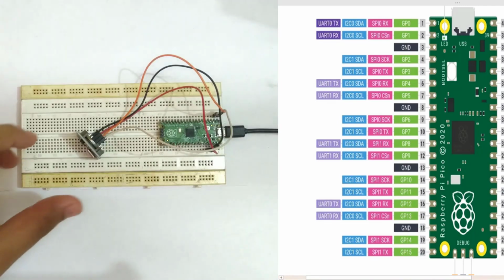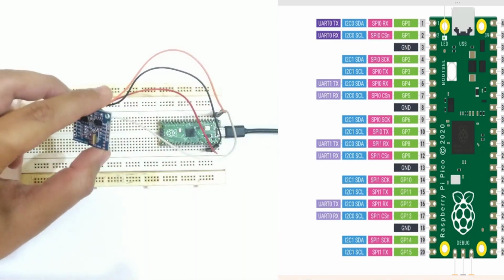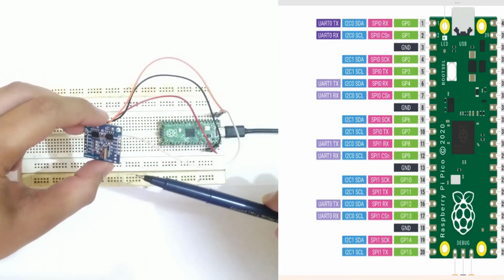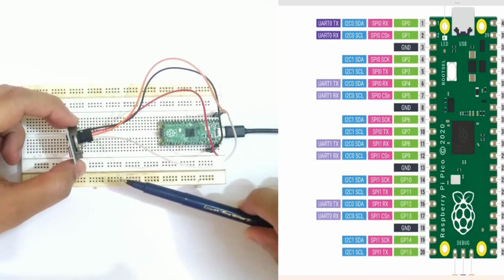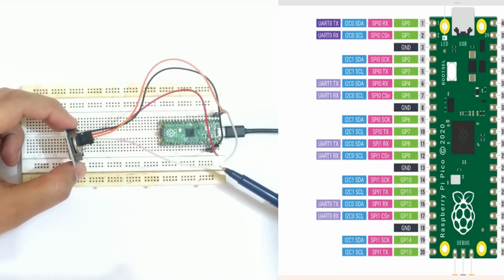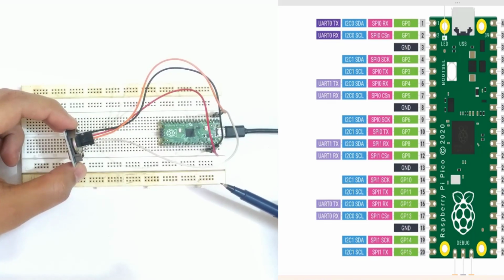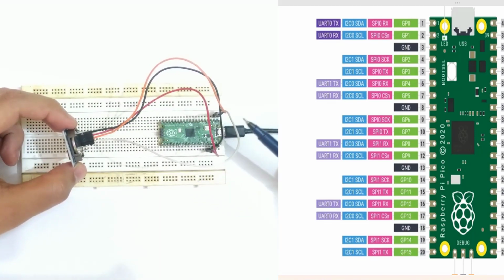Here you can see this is the RTC module, and we are connecting the module to the Raspberry Pi Pico through the I2C communication protocol, which has two wires.